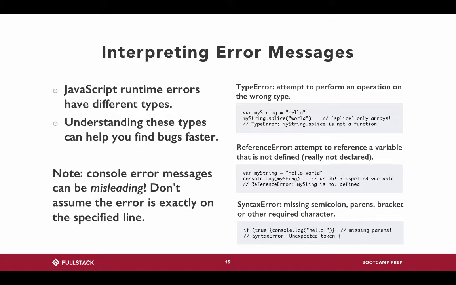But with function hoisting, if var x equals a function that console logs, and you call it before you get to that line, it'll say x is not a function, and it is.